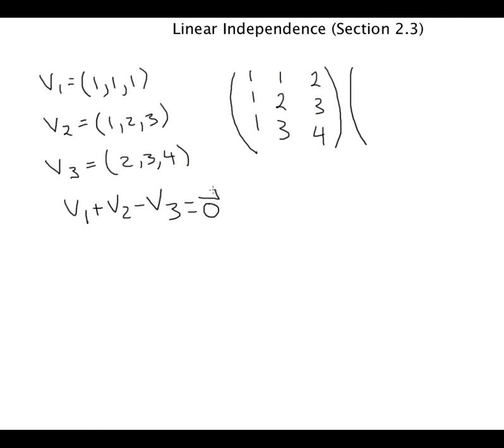Well, that's just putting 1, 1, minus 1 here. So the point is these coefficients here are 1, 1, and minus 1. And if you multiply this matrix out, what do you get? You get 1 plus 1 minus 2, 1 plus 2 minus 3, 1 plus 3 minus 4, which is the 0 vector.